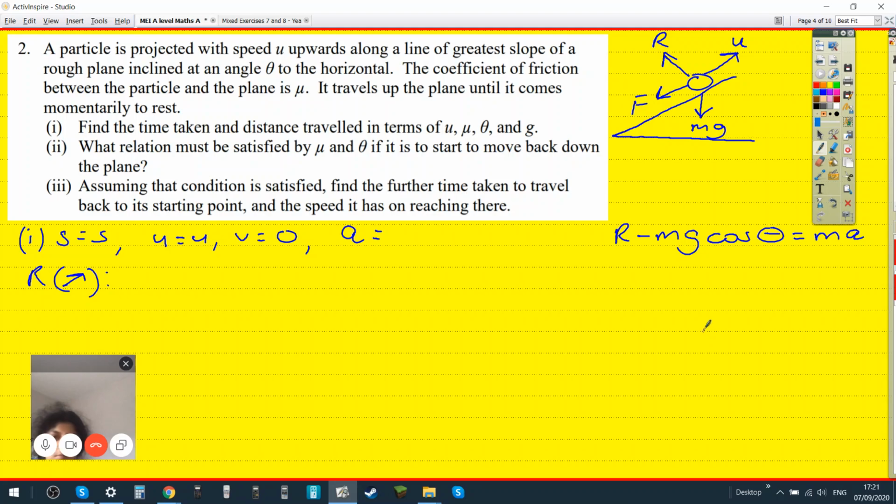And then u minus f minus mg sine theta is equal to ma.